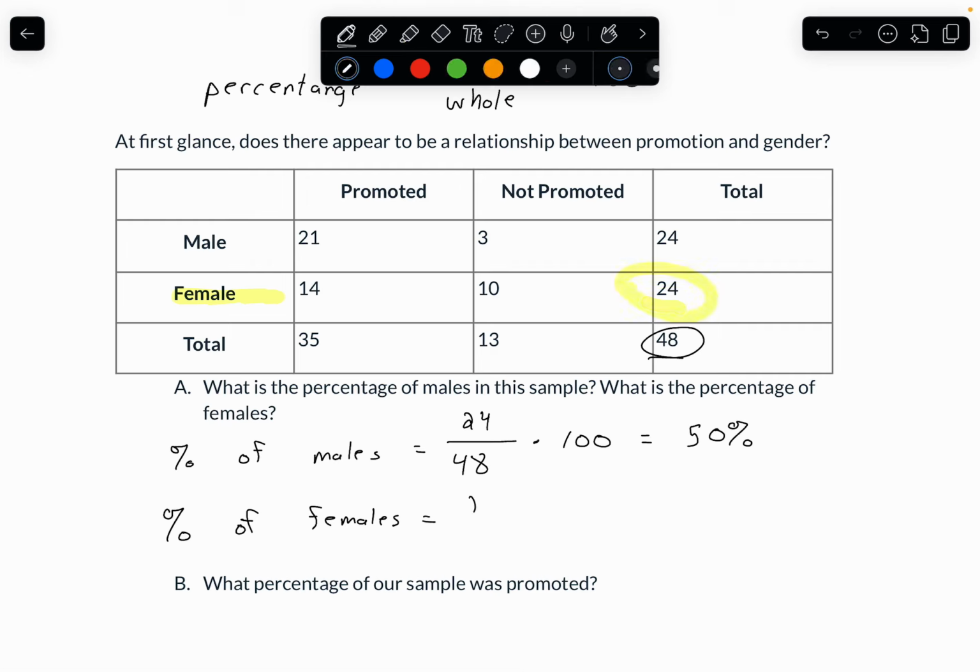So 24 out of 48, multiplied by 100, and once again I end up with 50%. So 50% of my sample is composed of males, 50% is composed of females.